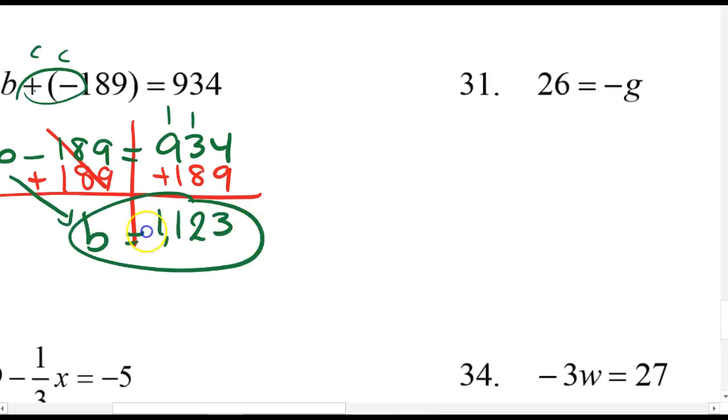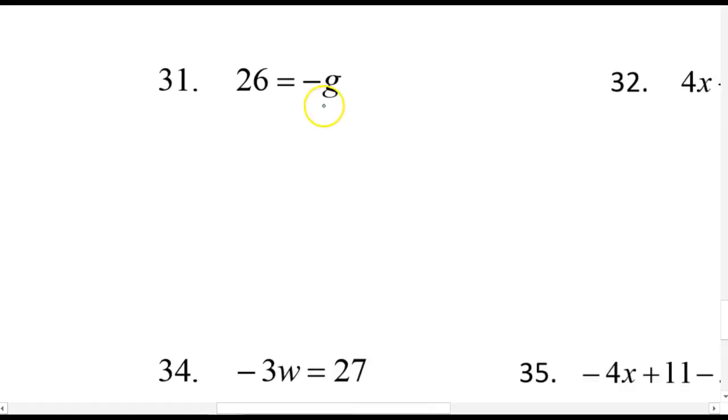Okay? Now here, this is similar to a problem you guys had on your test as well. The problem with this is that G is not isolated. You remember that there's always a 1 in front of all of our variables if there's nothing, but it's a negative 1. And we always want our variables to be not only isolated alone, but not negative. Okay? So same thing with x.